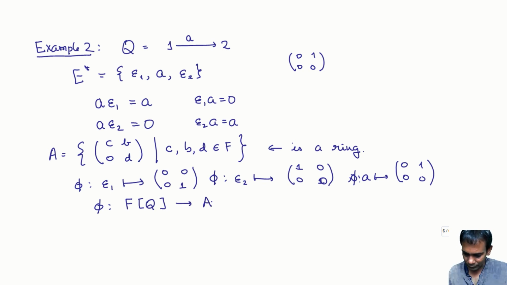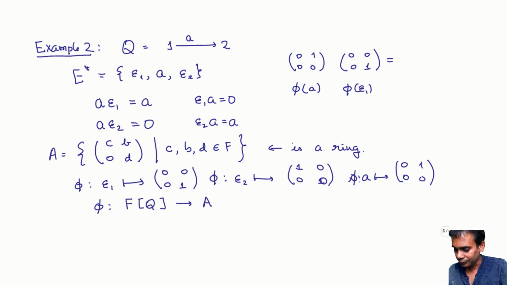If you look at this, this is phi of A, and this is phi of epsilon 1, that's (0, 0; 0, 1). If you multiply them, you will get 0 in the first column.